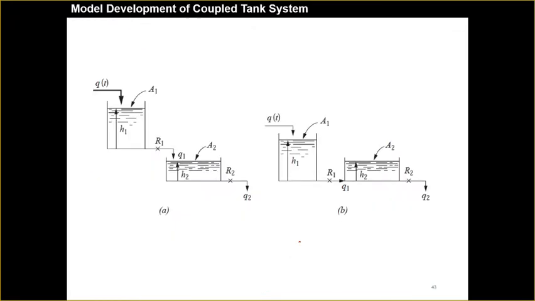Now we are going to start with a very important and very interesting topic, that is the coupled tank system, right? Coupled tank system. You can see there are two pictures shown here in figure A and figure B, and there is a slight difference in the arrangement of the two tanks.